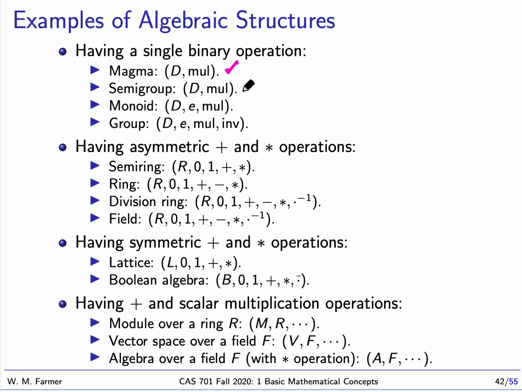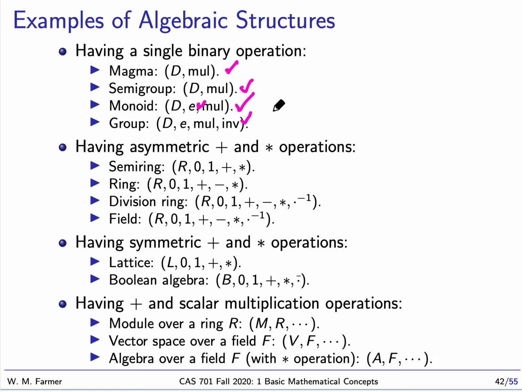A semigroup is a magma, but its binary operation is associative. A monoid is a semigroup which also has an identity element. And a group is a monoid which also has an inverse operation.